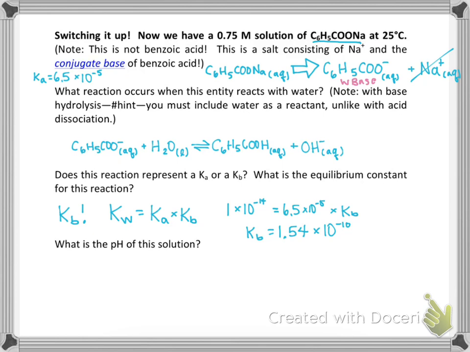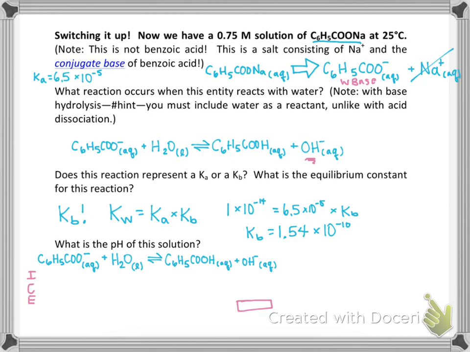Okay, so then to figure out the pH of the solution, we ultimately want to figure out our proton concentration, but we don't have any protons in this equation. Well, that's okay because we do have hydroxide in the solution, and we can use the relationships between hydroxide concentration and proton concentration to figure out our pH. To do this, we're again going to have to set up an ice table.